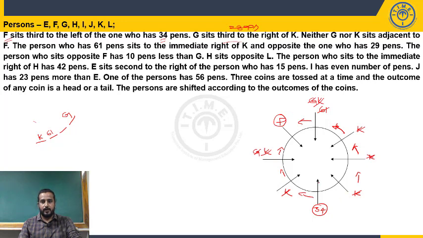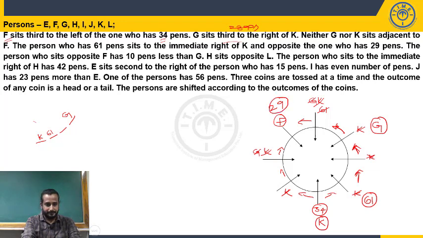So what is the only possible position for K? K has 34 pence, so third right will be G. Here will be G. Clear? And immediate right of K will be 61, and 61 is opposite to 29. So F has 29 pence. I hope it is clear.